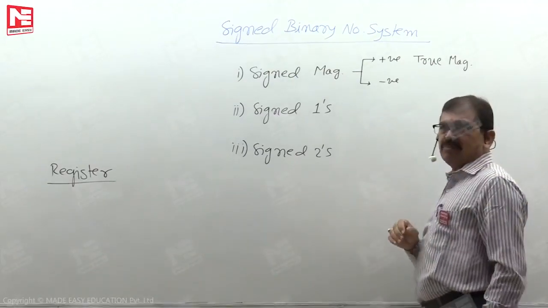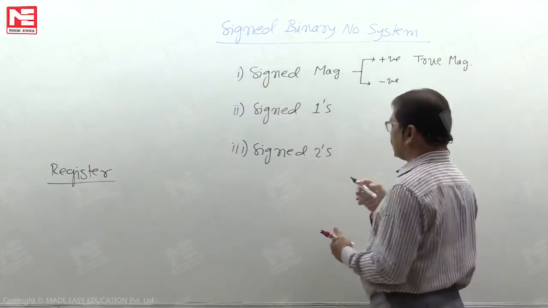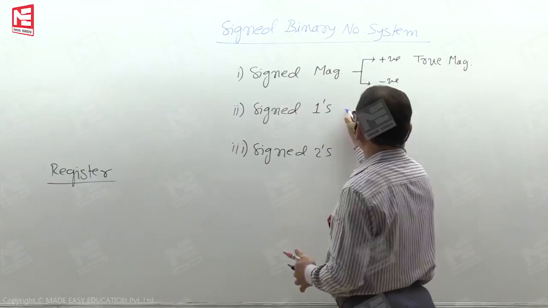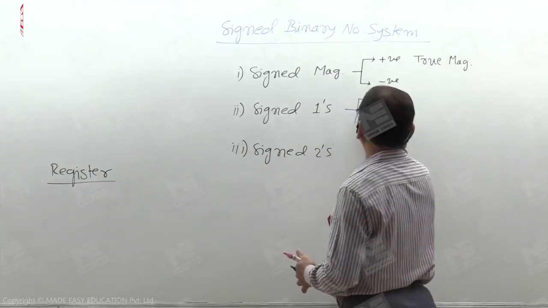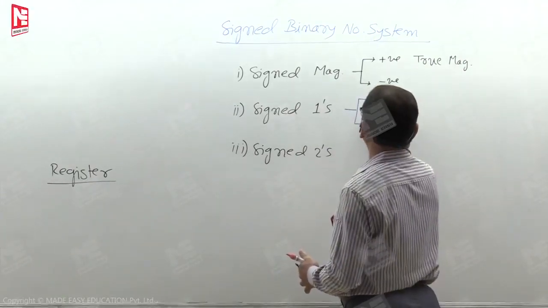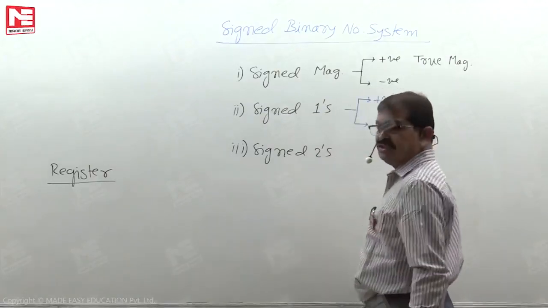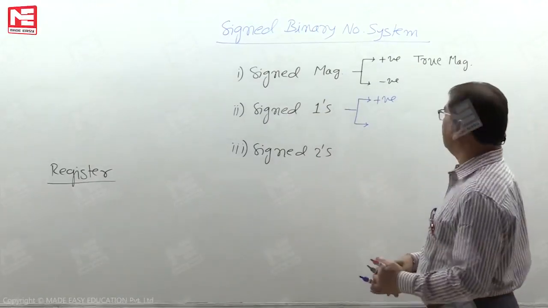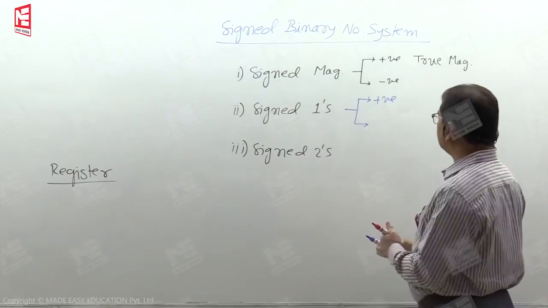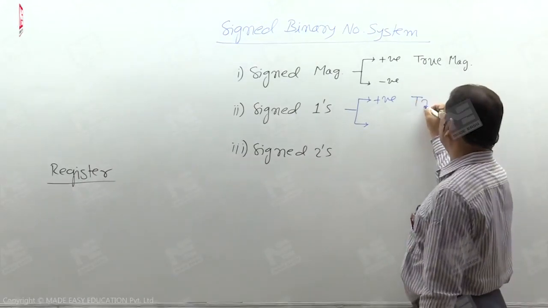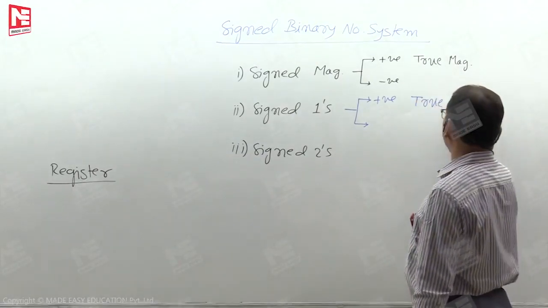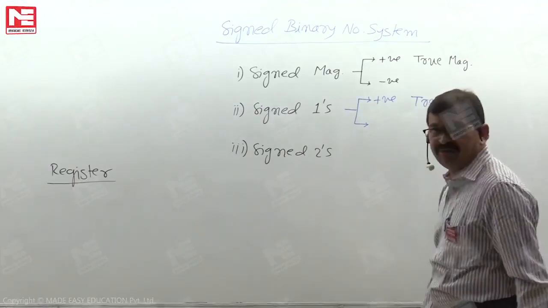Coming to sign 1's complement. If the number is positive, the remaining bits other than the MSB give the true magnitude of the number.